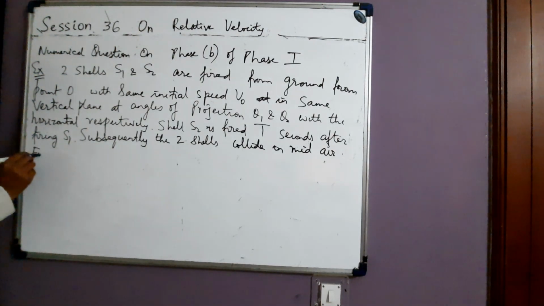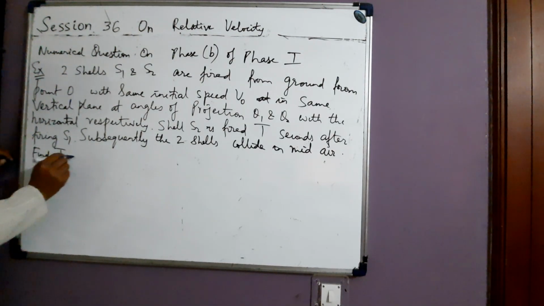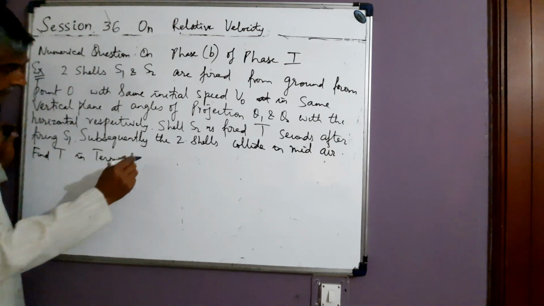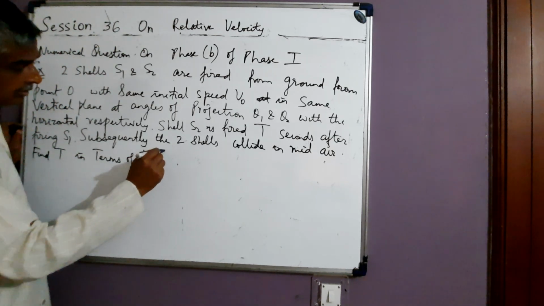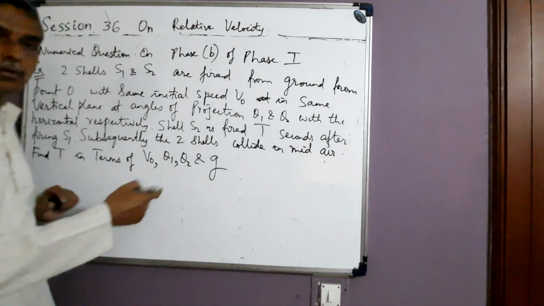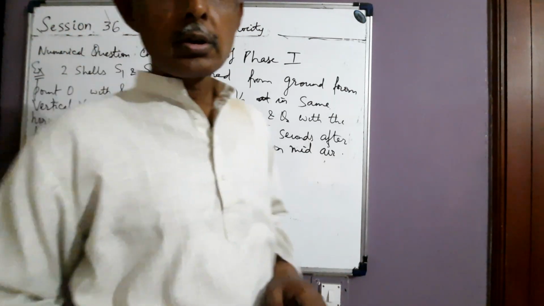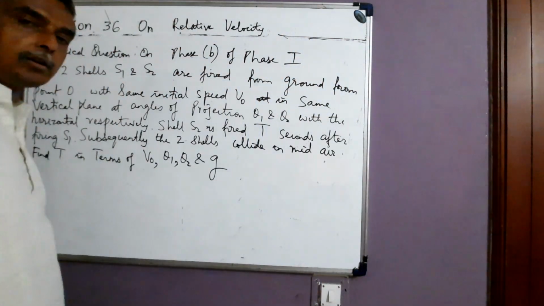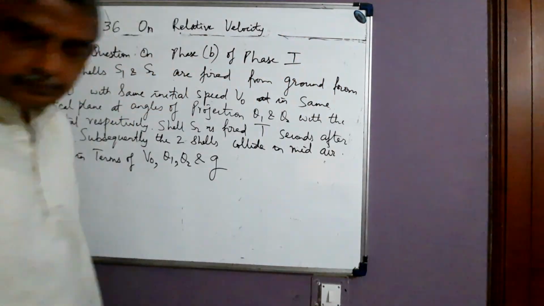Find the value of T in terms of V0, theta 1, theta 2 and g. Small g as usual denotes the free fall acceleration. Fine.